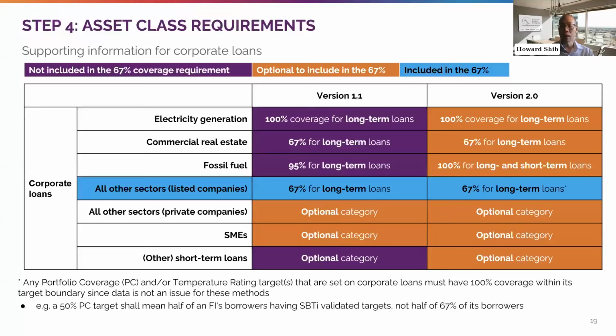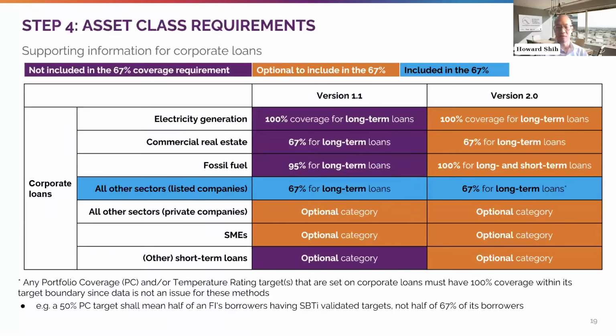So maybe an example might help. So before, if a bank had, say, $1,000 of loans to fossil fuel companies, $1,000 to real estate, and $1,000 to all other sectors. So before, that bank would need to cover $950 of loans to fossil fuel, $670 to real estate, and then $670 to all other sectors.